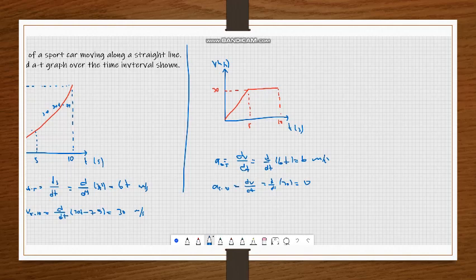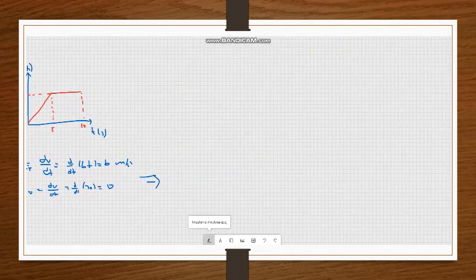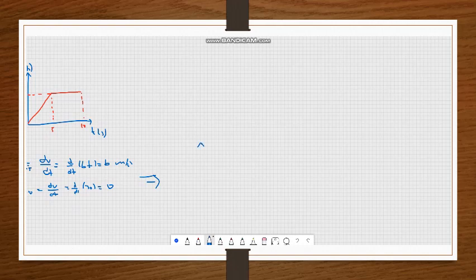If we want to draw our acceleration versus time graph, let's draw it here. Time is again in seconds, acceleration is in meters per second square.